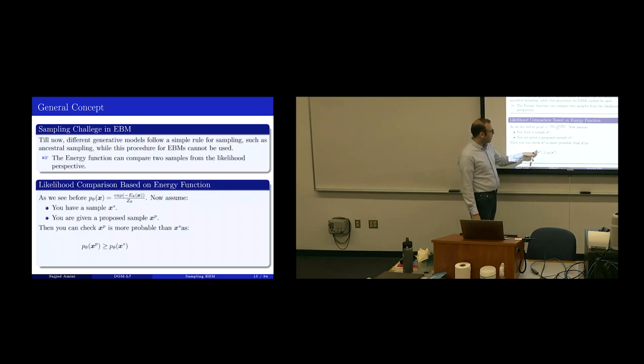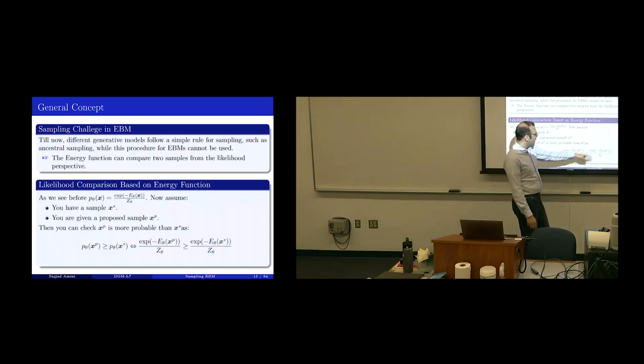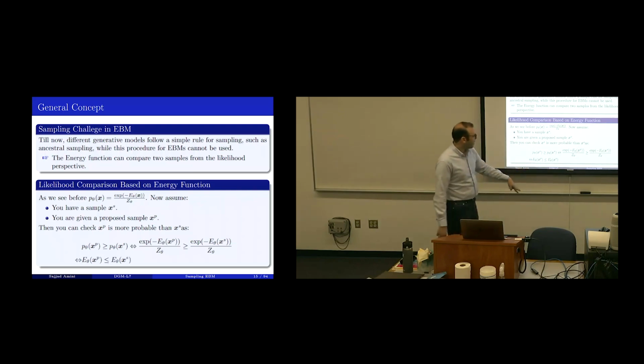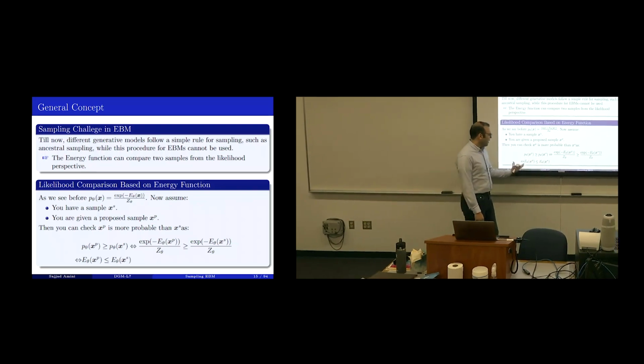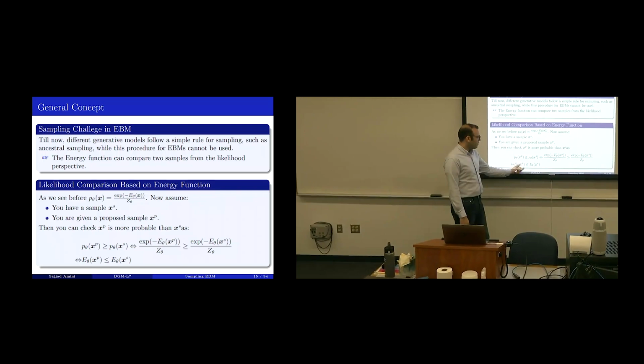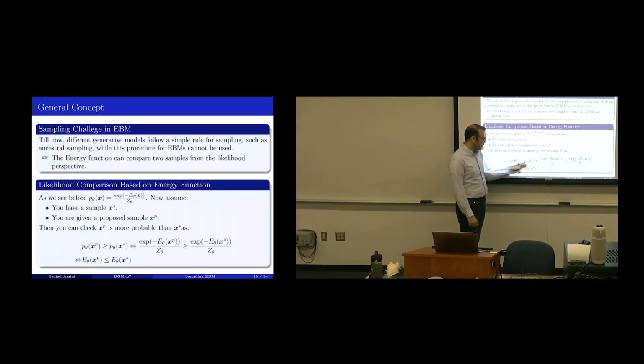If xp is more probable than xs, then these two relations will be valid, and on the other hand, it means that xp's energy is less than xs's energy. So if your energy function for xp is less than for xs, you can conclude that xp is more probable than xs.